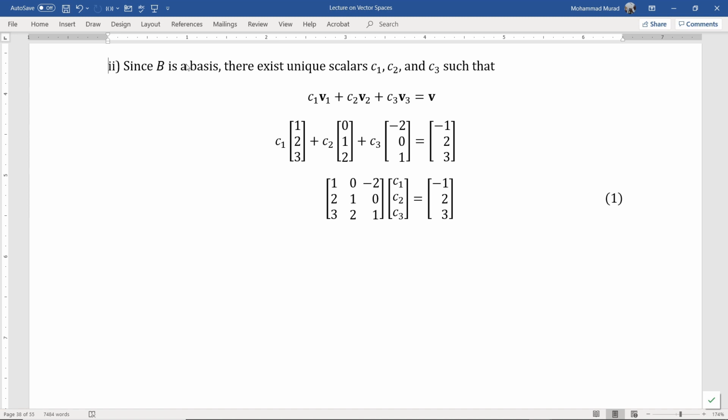Since B is the basis, there exist unique scalars c₁, c₂, and c₃ such that the equation is true.